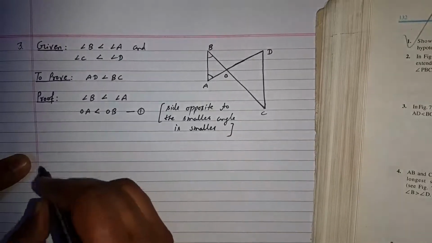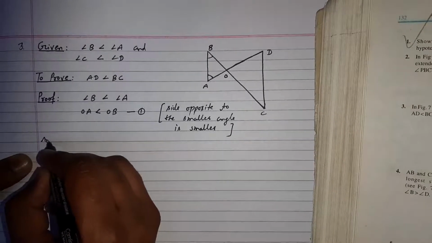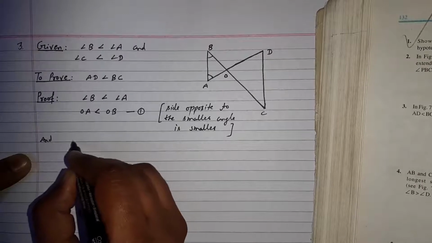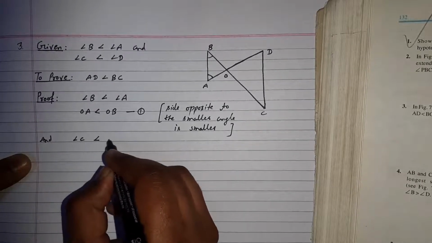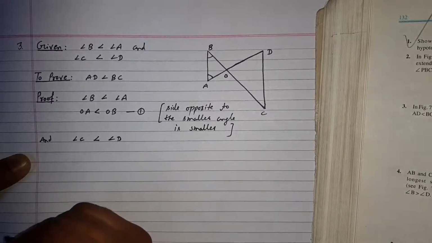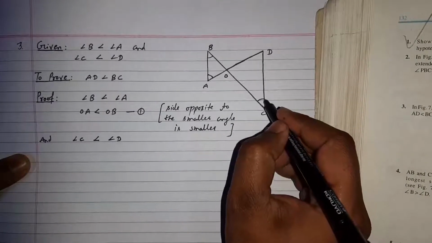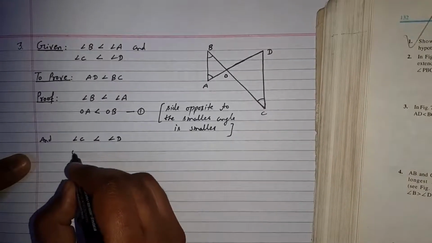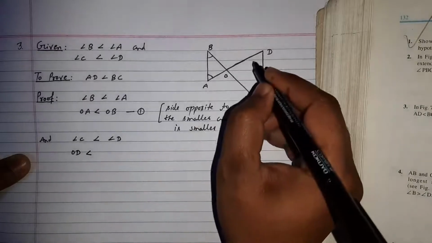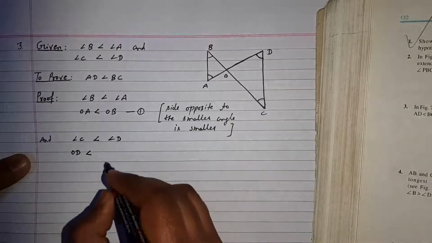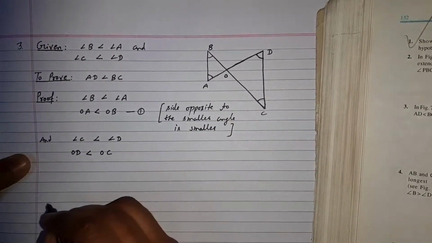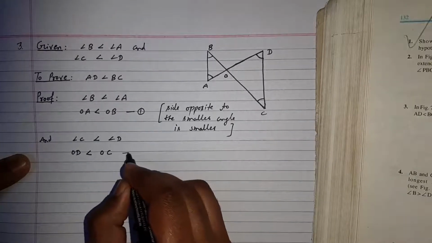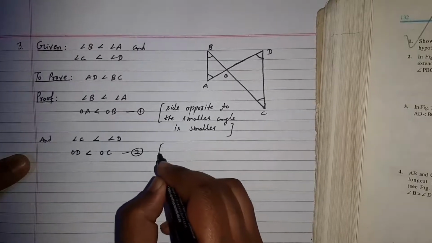And angle C is less than angle D. So the side opposite to angle C is OD, and the side opposite to angle D is OC. So OD is less than OC, and suppose this is equation number 2.